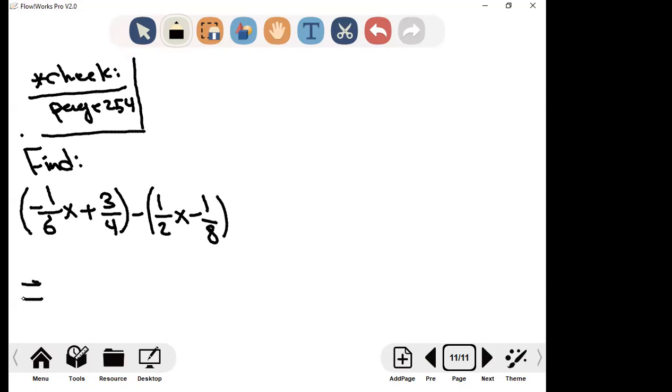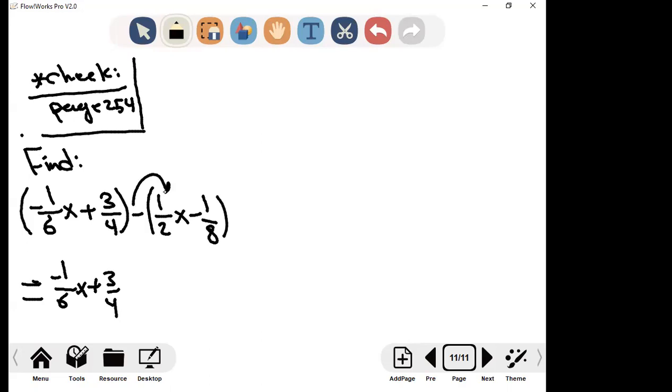Yusuf, what's the first step? Yes, Shukri. We distribute the negative here. So the first bracket will count the same, negative 1 over 6x plus 3 over 4.